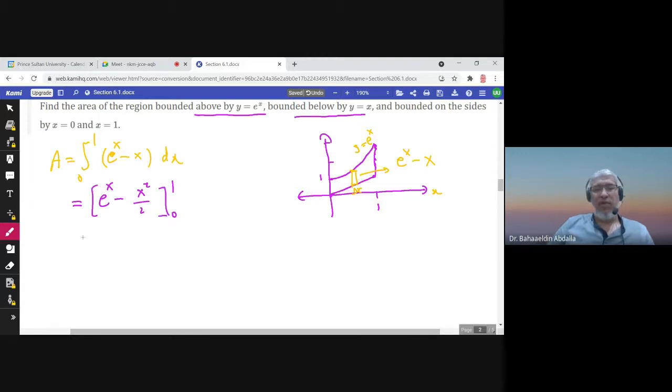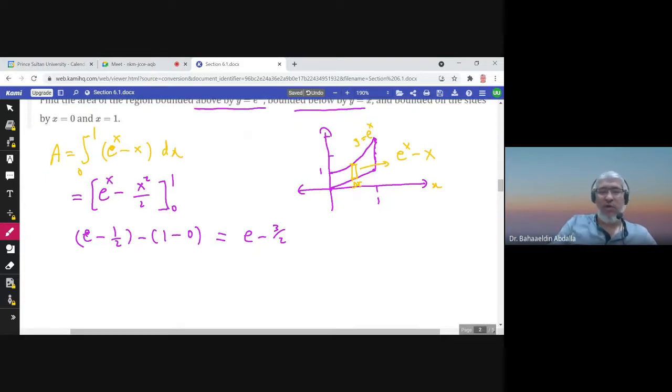So we will have e to the power 1, which is e, minus 1 over 2, minus e to the power 0, which is 1, minus 0. So the answer would be e minus half minus 1. So it's e minus 3 over 2. This is the area between the two curves.